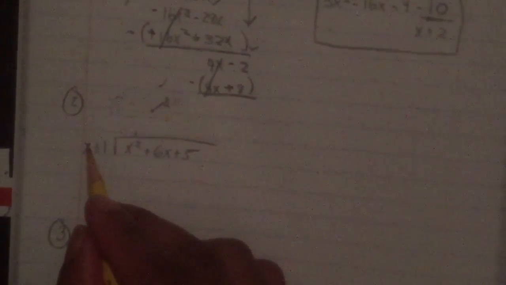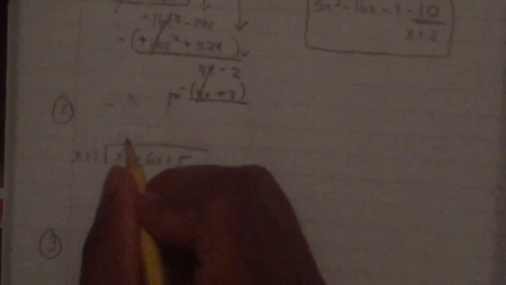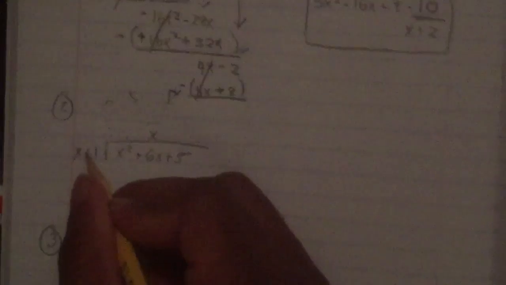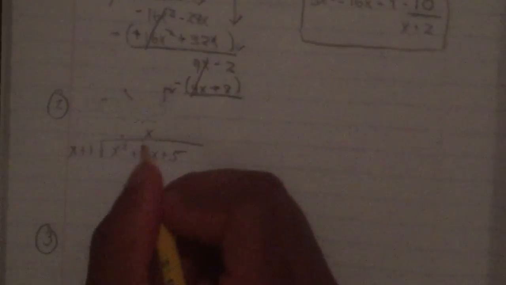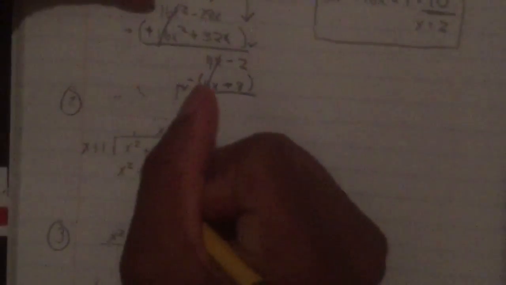We did the hardest one the first time. So the first step is you try to get x squared. x times x equals x squared. Then you would do 1 times x, and that's 1x.